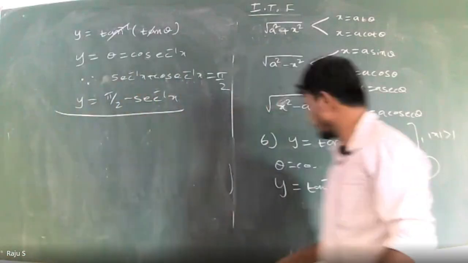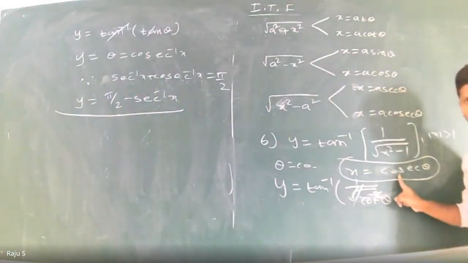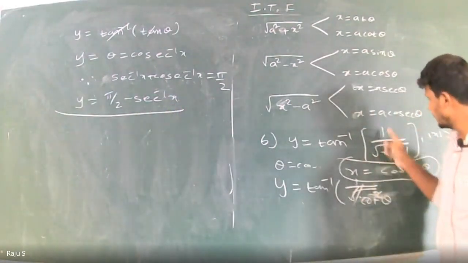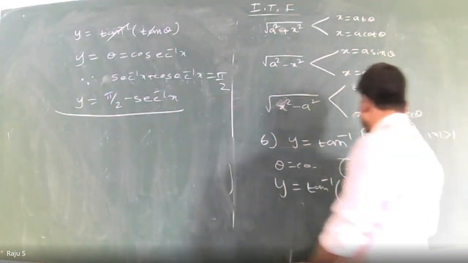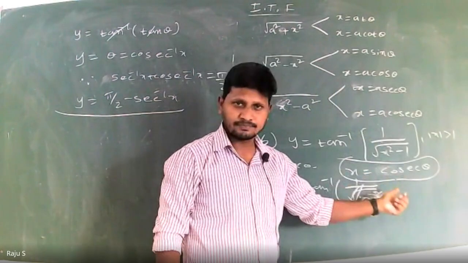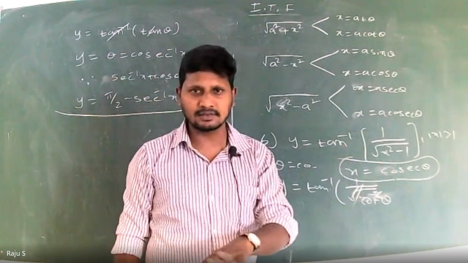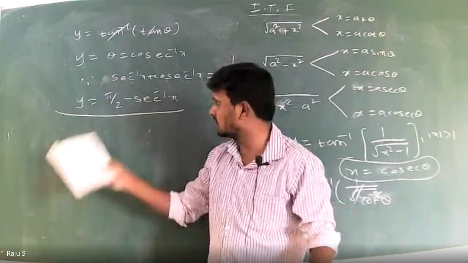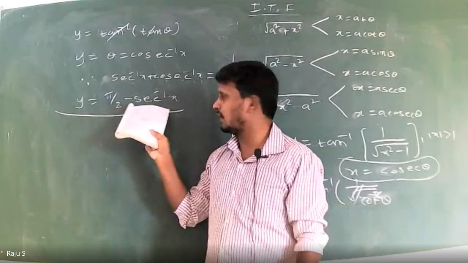I said that for x you may take cosecant theta, or you may take secant theta also. For both cases we'll get the answer. If we take secant instead of cosecant, finally you will get pi by 2 minus secant inverse.